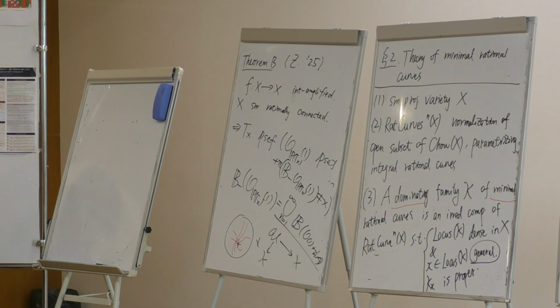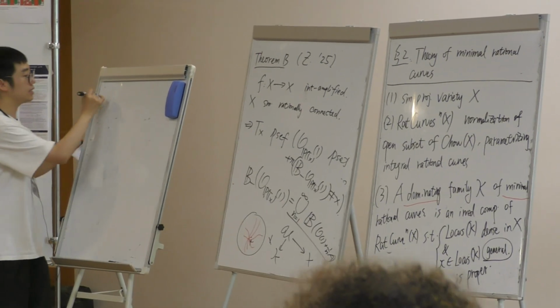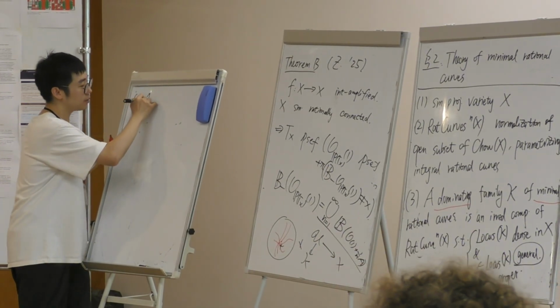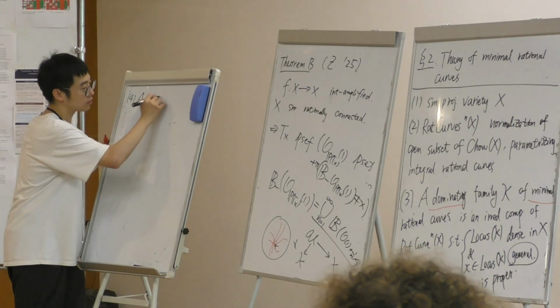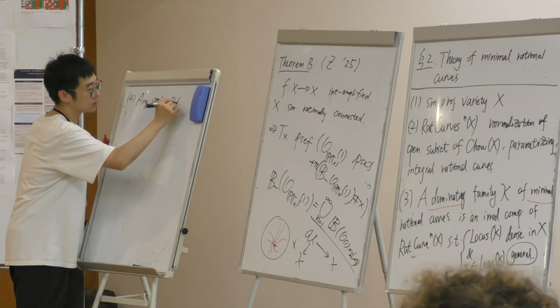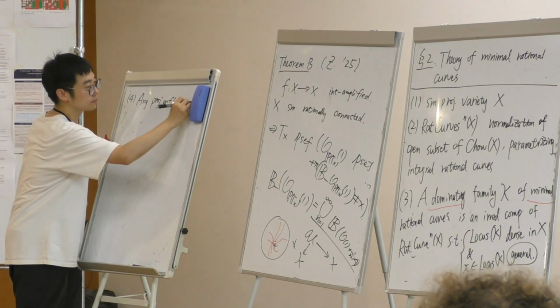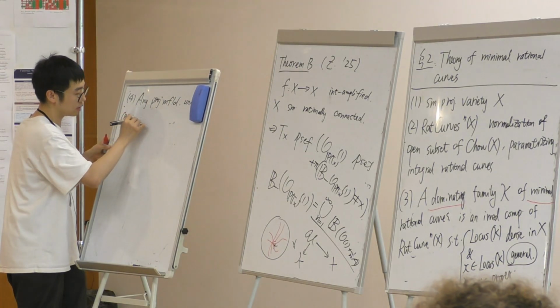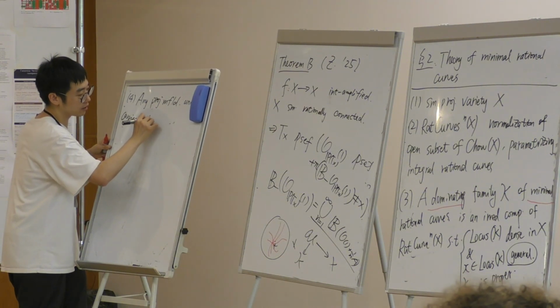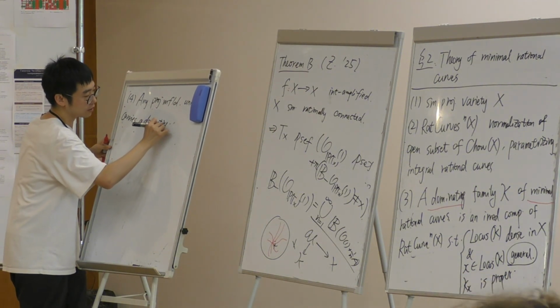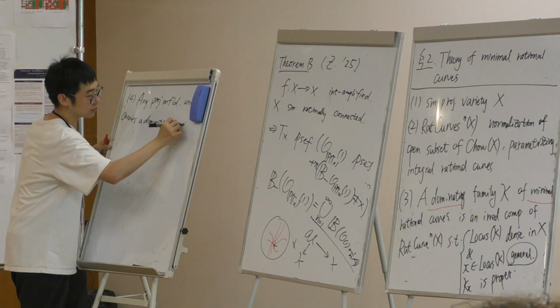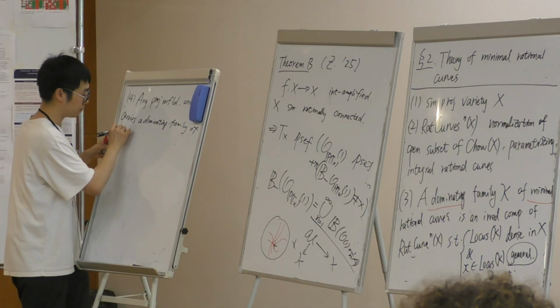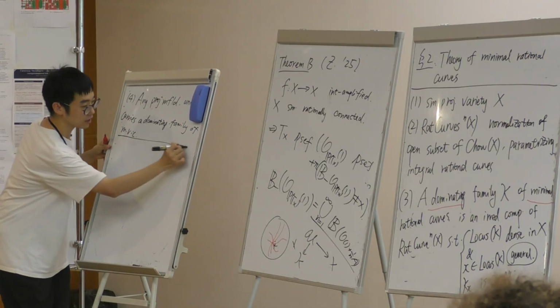Okay, let's continue. So this is what I would like to say: any uniruled projective manifold always carries a dominating family of minimal rational curves.